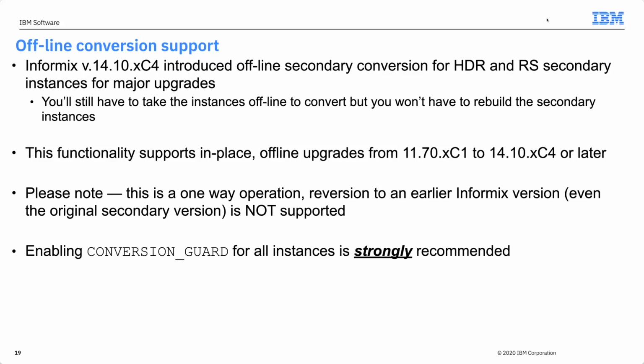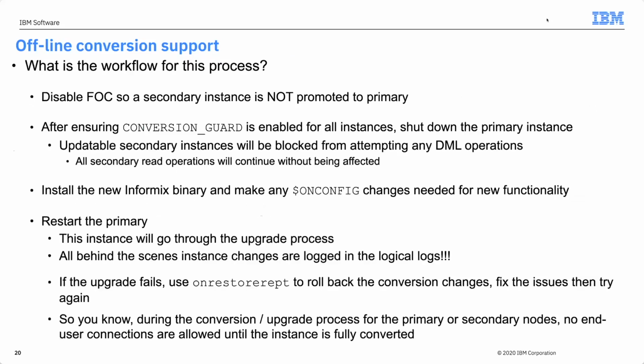Now, this is a one-way operation. You can't use it to try and revert back. And if you use this, we strongly encourage you to set conversion guard just in case something bad happens and you need to revert back to your original version of the instance.